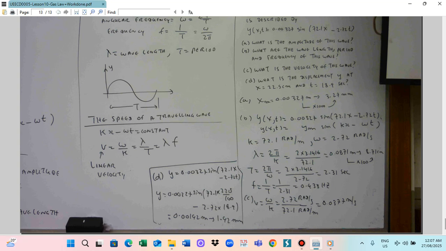Therefore, we write down the equation: the velocity v is equal to omega by k, is equal to lambda by T, is equal to lambda times frequency.